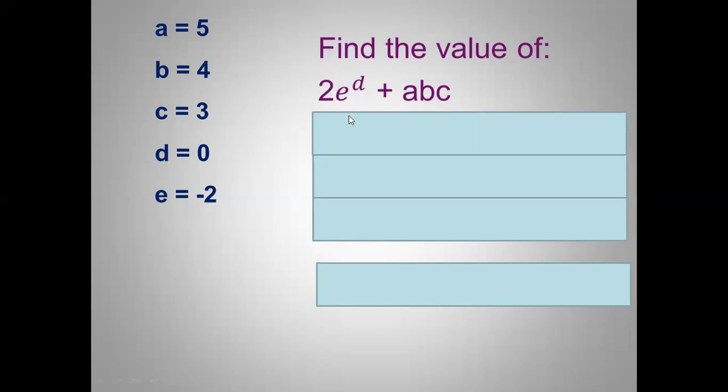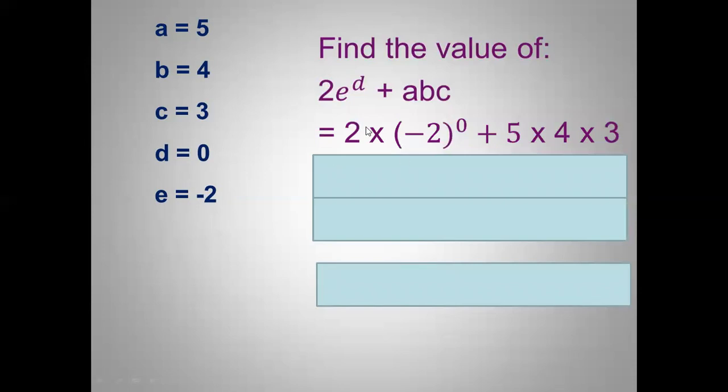Okay, 2e, the value of e is negative 2, so I'm going to replace e with negative 2, power d, plus abc, where a is 5, and b and c are multiplied, 4 multiplied by 3. Oh, I'm sorry, the value of d is 0, not 4, it's 0.